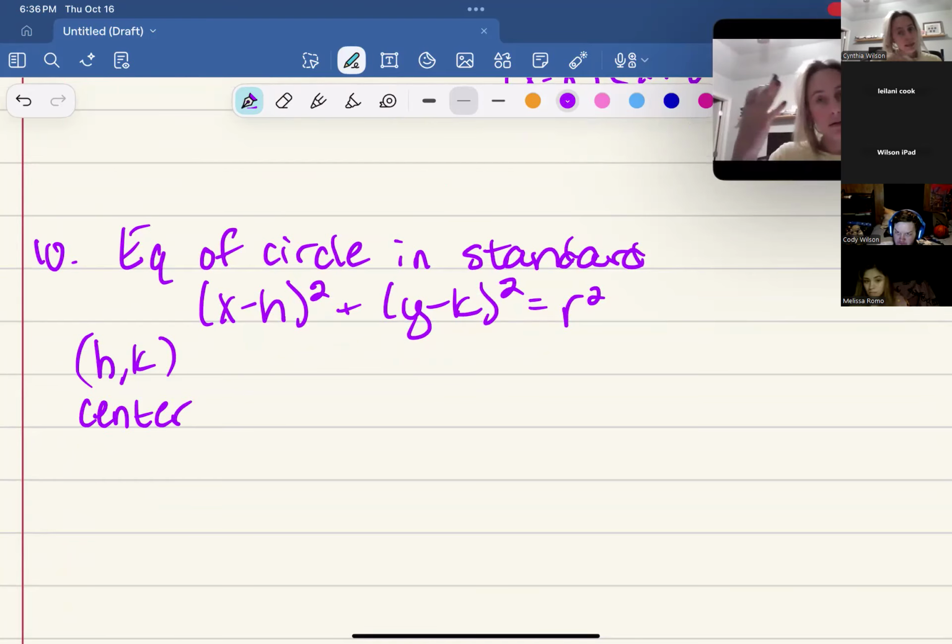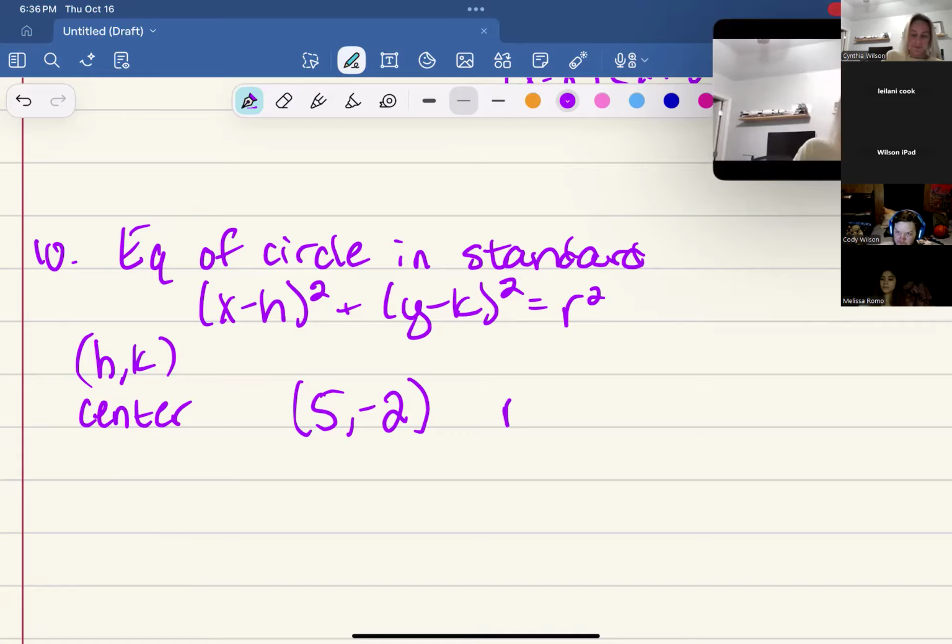So on my side of things, what I see when I pull this up is that the center is at 5, -2. And then I see that the radius, 1, 2, 3, 4, radius is 4.